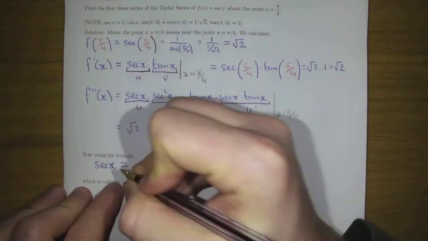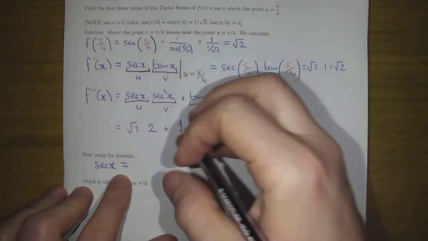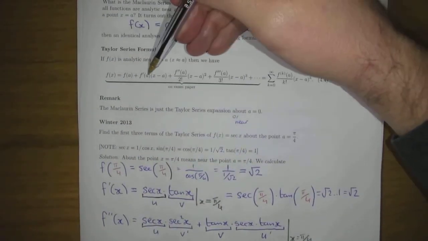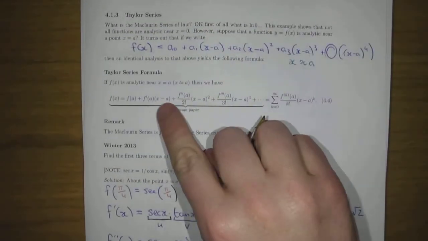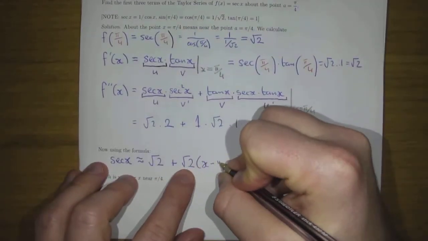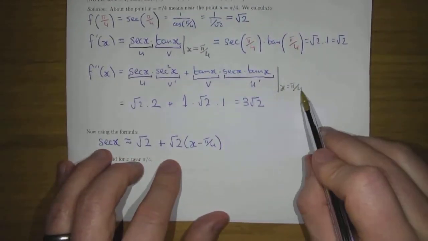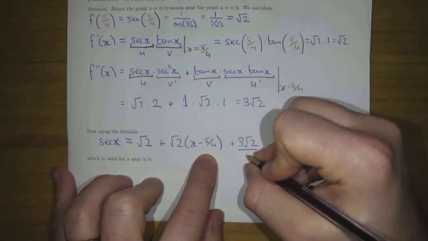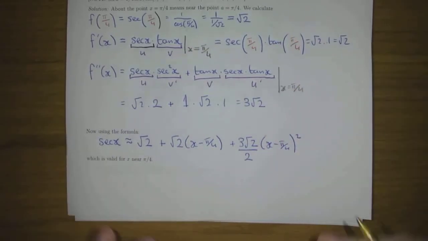Anyway, sec of x using the formula is approximately f of pi over 4, which is root 2, plus the derivative at pi over 4, which is root 2, times (x minus a), x minus pi over 4, plus the second derivative at a, which is 3 root 2, divided by 2 factorial, which is 2 by 1, which is 2, times (x minus pi over 4) squared, which is valid for x suitably close to pi over 4.